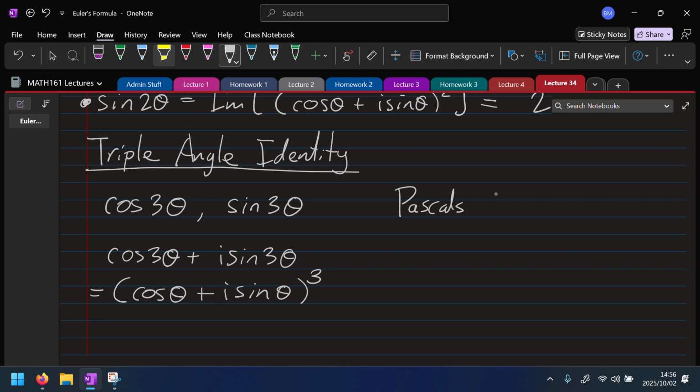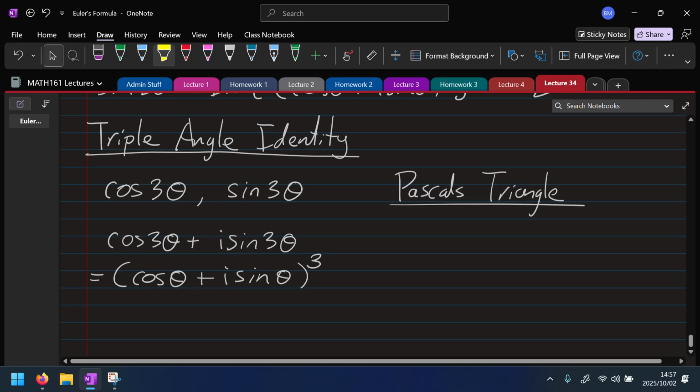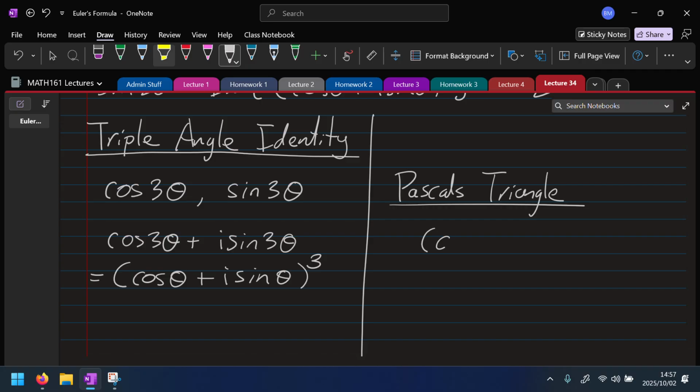Pascal's triangle. You really haven't seen it? That's fine. We'll go through it. This is just on the side, this is not part of this. There's a lot of talking for students who don't know what this is.